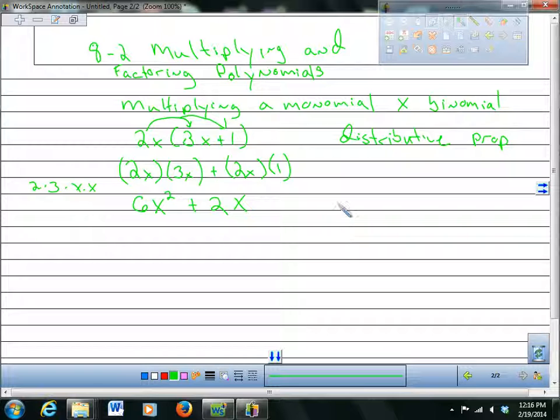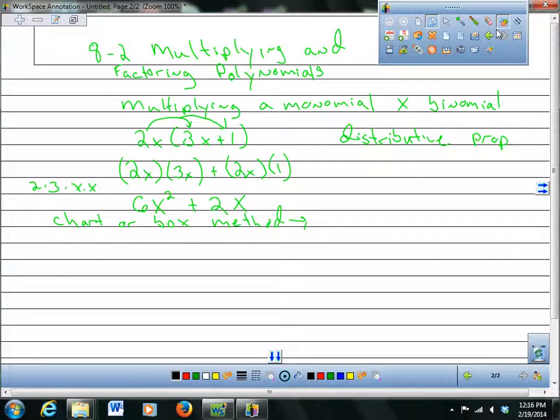Well, they call it the chart method in the book. I always call it the box method. Chart or box method. And basically what you're doing is you use an area formula. So I'm going to make a box.